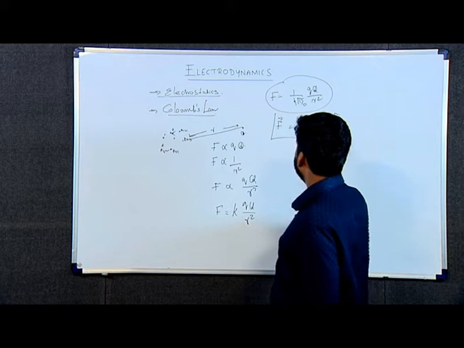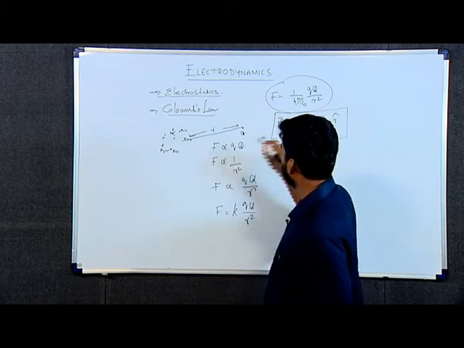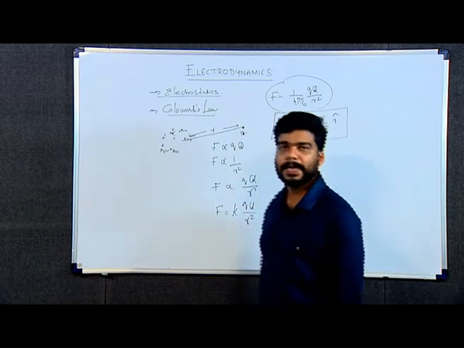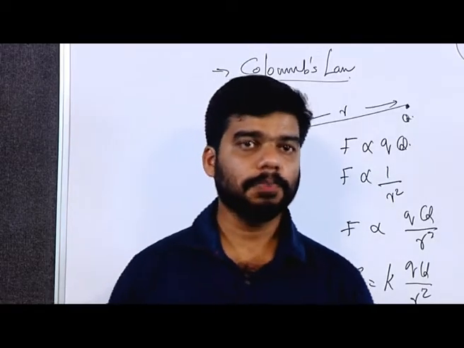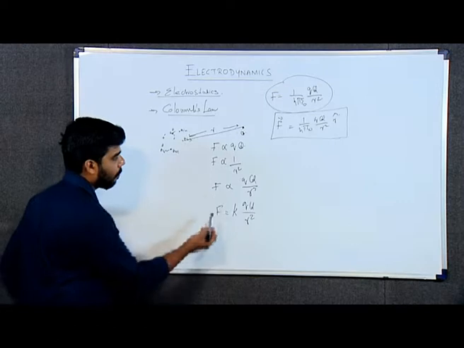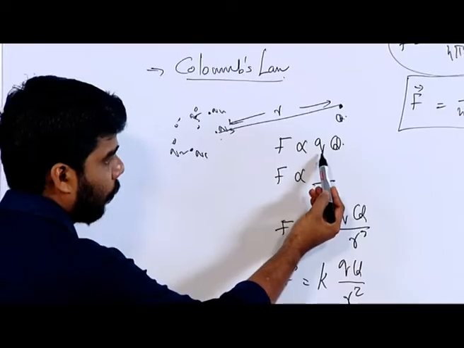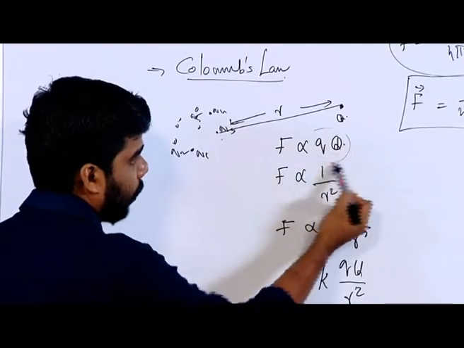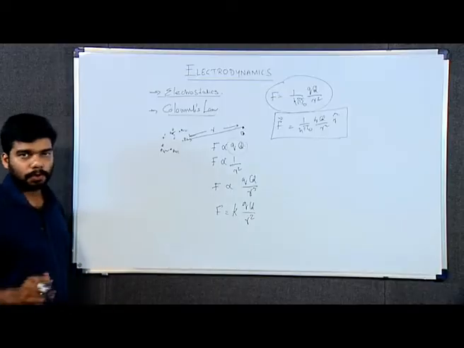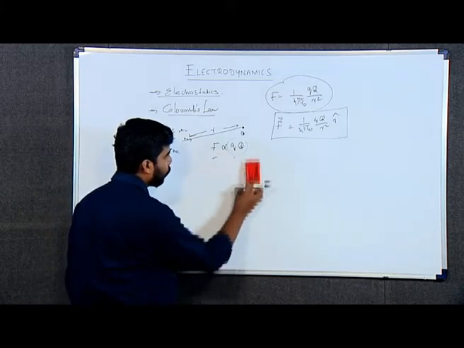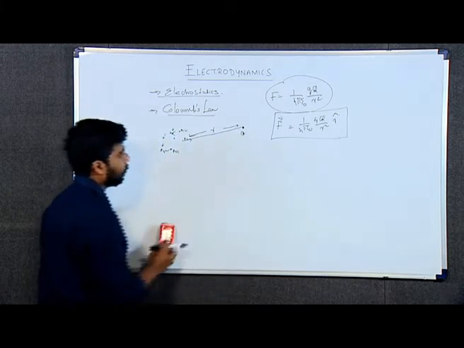So this is the equation for the force acting by this charge Q on this test charge capital Q. So in the case of Coulomb's law, F is inversely proportional to r square and F is directly proportional to the product of their charges. This is the definition of Coulomb's law. So Coulomb's law gives the idea of what is the force acting on that charge.